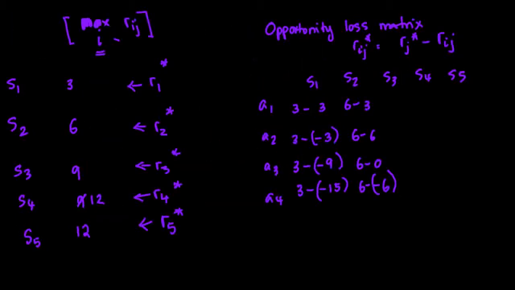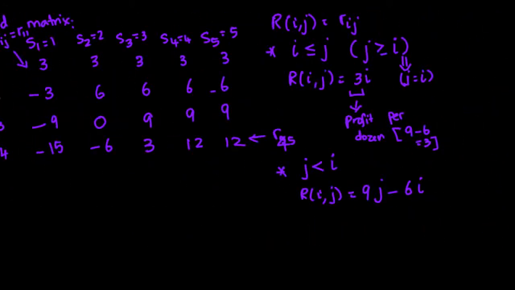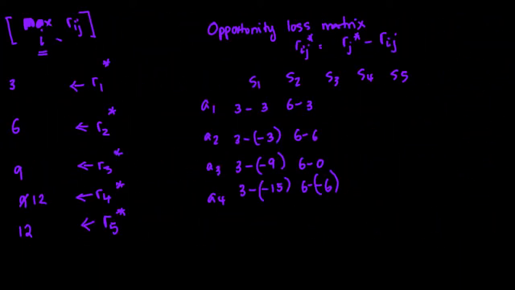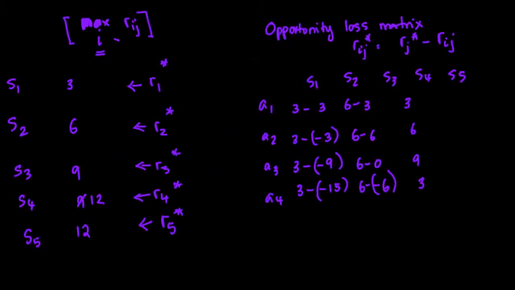Repeat the same thing for the third column. The third column, the numbers are 3, 6, 9, and 3. So write the reward values 3, 6, 9, 3. Then I subtract from the maximum possible reward, if the model ended up in state 3. And that value is 9, so I'd have 9 minus 3, 9 minus 6, 9 minus 9, 9 minus 3.